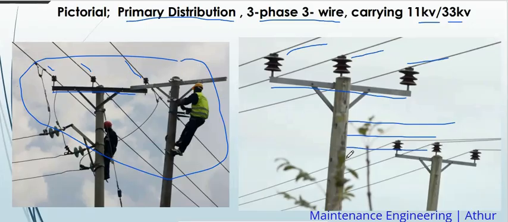It is 3-phase 4-wire because they have a neutral, but these ones don't have a neutral for 33 and 11 kV. A transformer receives a 3-wire 3-phase, and it outputs a 4-wire 3-phase, like the ones I've drawn here. This is always alive. This is always alive. This is always alive. And this is always a neutral.